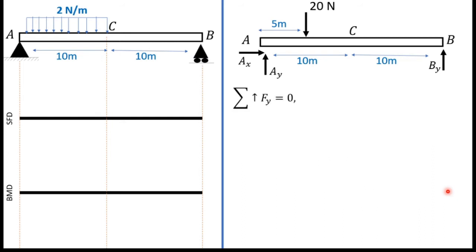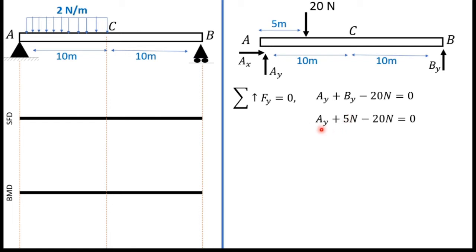Next I am going to take sum of all the vertical forces. So if I take vertical forces I will have to write Ay plus By minus 20 Newton. This force acts downward, and now I already know the value of By. I can substitute it here as 5 Newton.